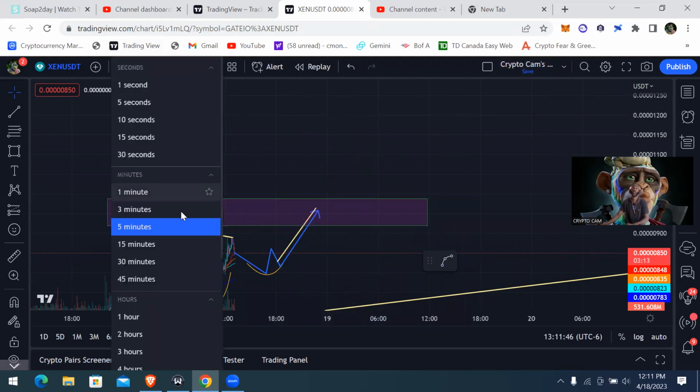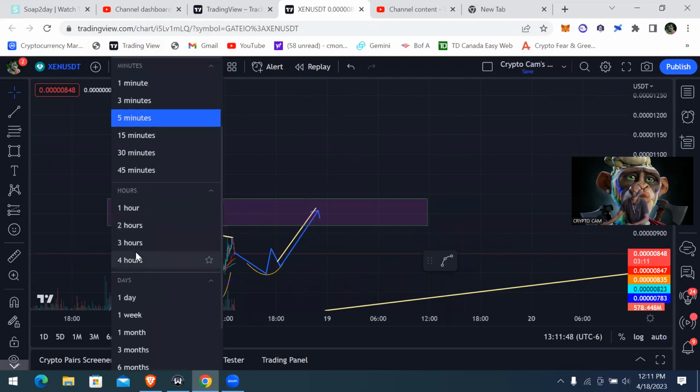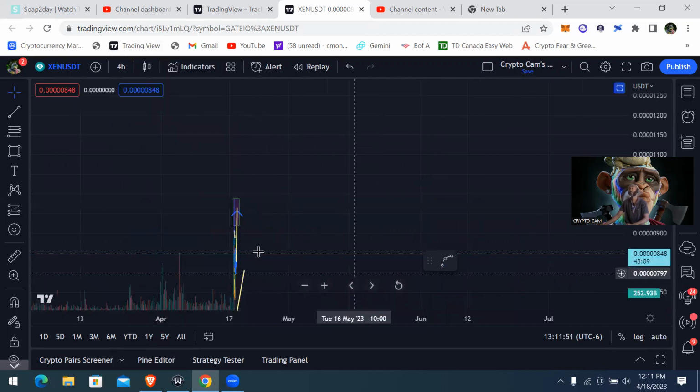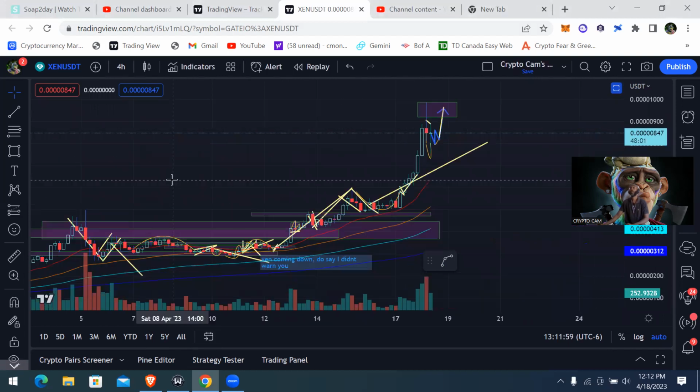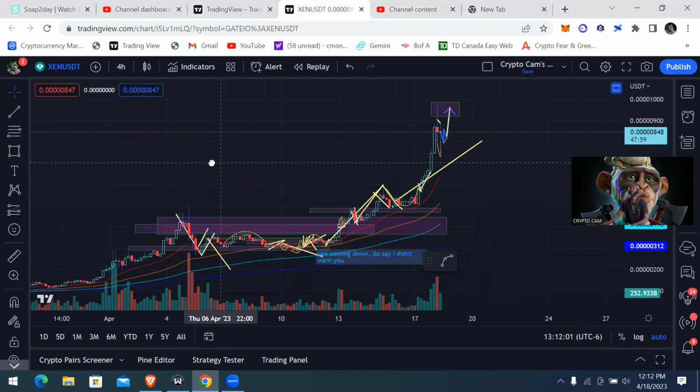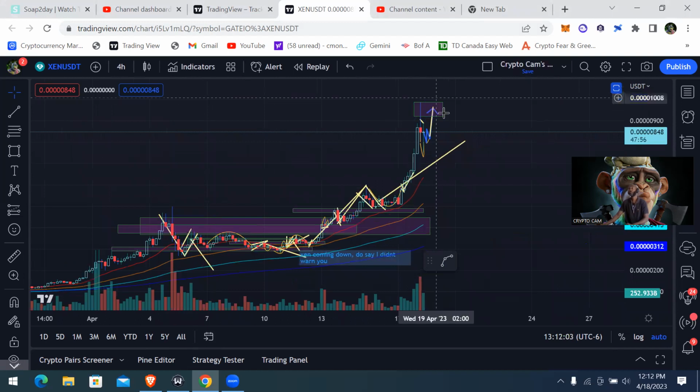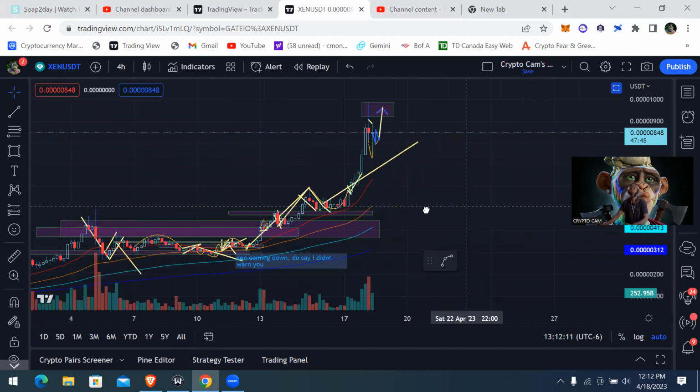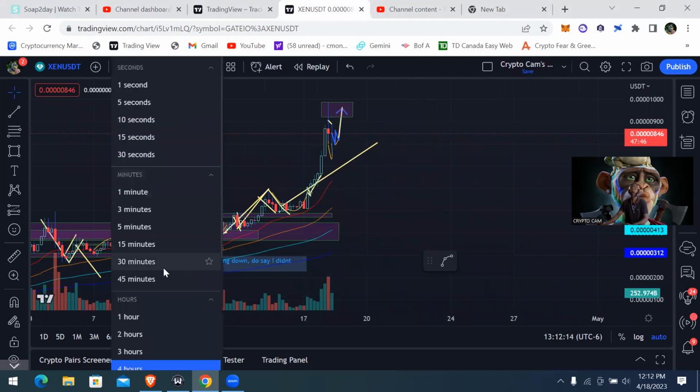So if we go to a longer term perspective, a longer time frame, let's just take a look at it. Okay, so 4 hours not really telling me much.